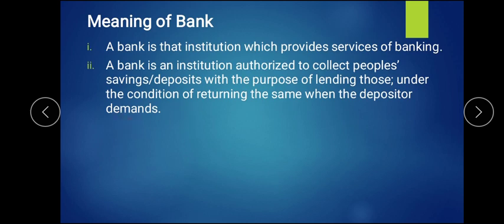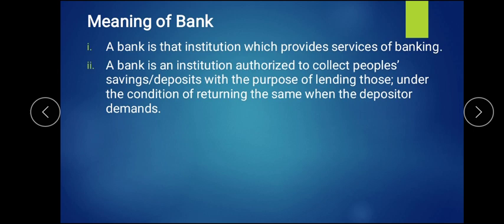This authorized institution gives the promise that whatever you have deposited will be given back to you whenever the depositor demands. So this promise is placed by whom? By the institution known as a bank.